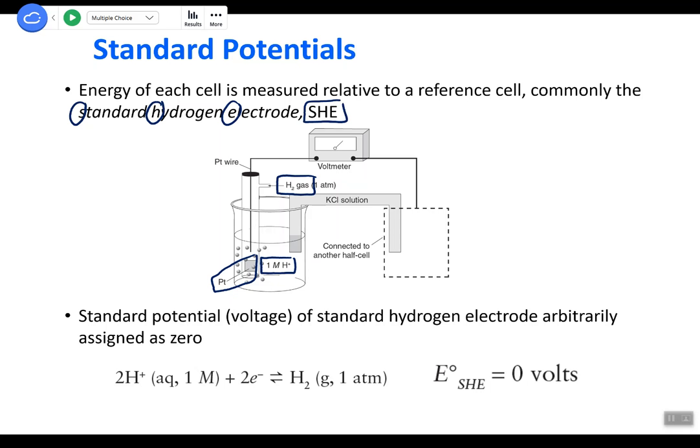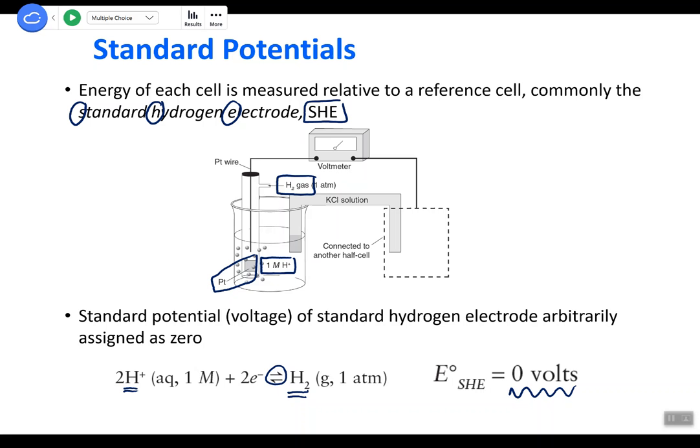This has been arbitrarily decided as ground level 0. Every other electrode is going to be compared to hydrogen, and it could have a higher potential or a lower potential compared to hydrogen. We can write this out as an equilibrium with our 1 molar H+ and our 1 atmosphere of gas. And this is being defined as 0.